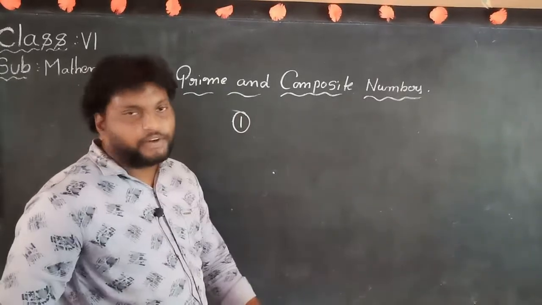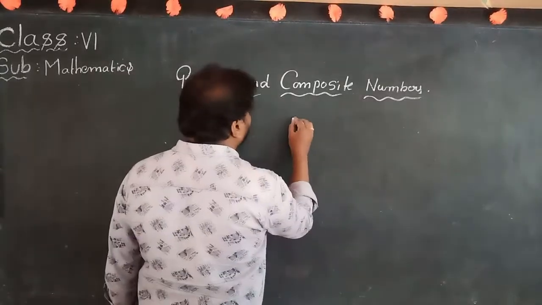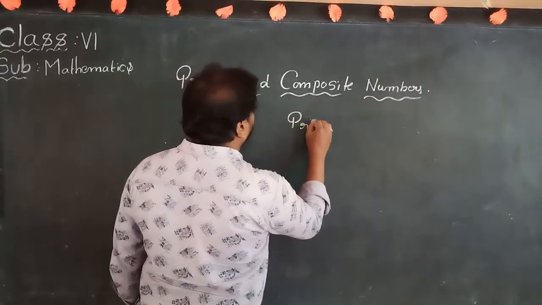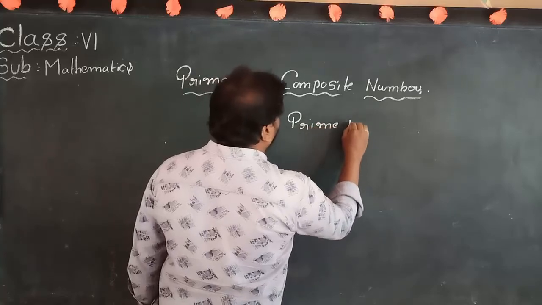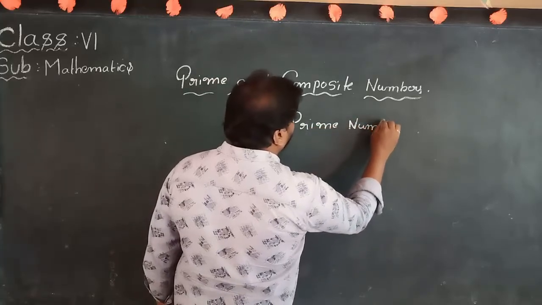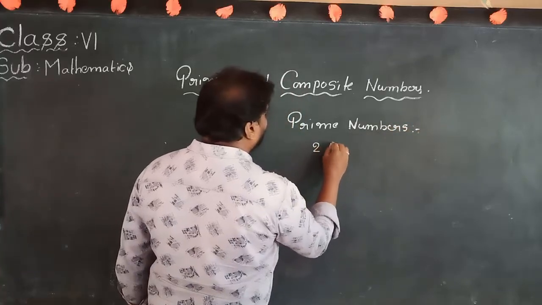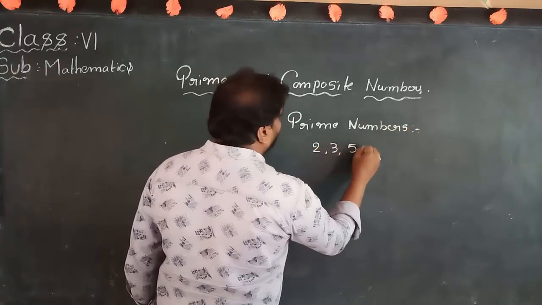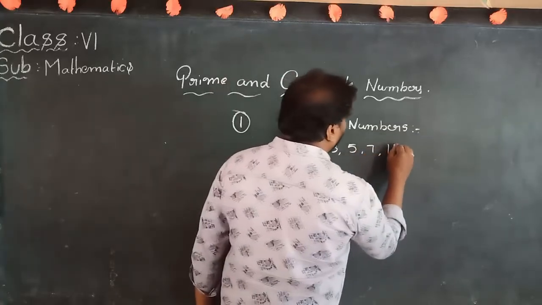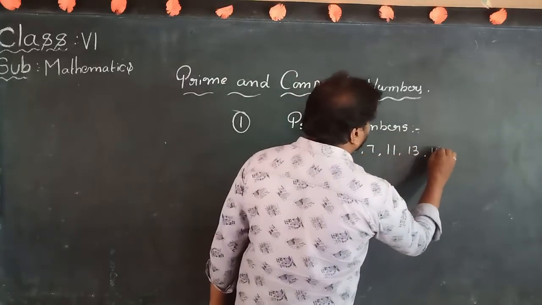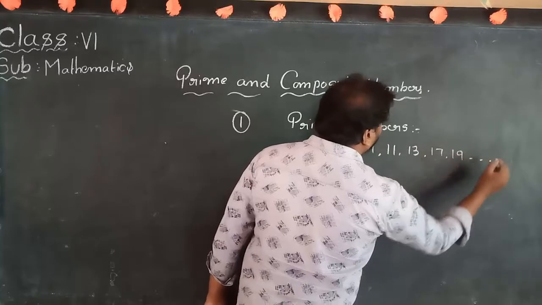What about 1? First of all, we will write prime numbers and composite numbers, just as examples. Prime numbers, for example: 2, 3, 5, 7, 11, 13, 17, 19 and so on.